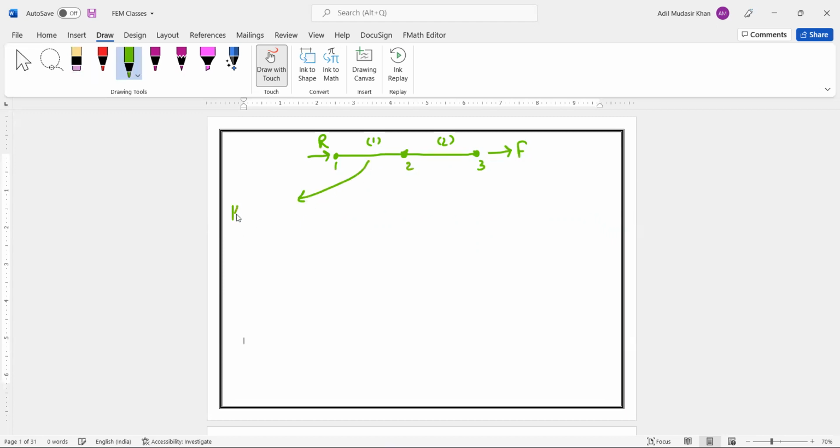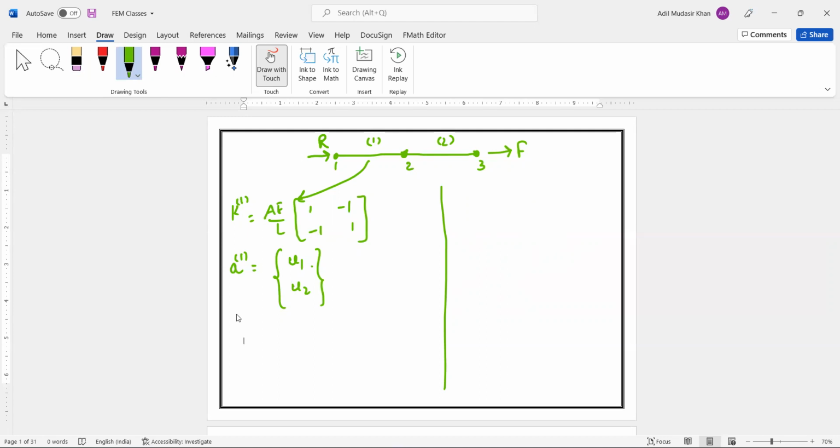The stiffness matrix for element 1 will be AE by L [1 -1; -1 1]. Write down the displacement matrix for element 1, that will be U1 and U2, and write also the force matrix for it.